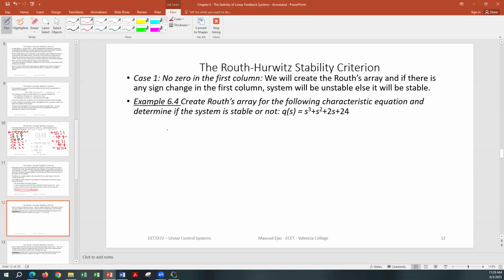But using the Routh's array, s cubed, s squared, s to the power 0, 1 and 2, 1 and 24. This is B n minus 1, n is 3, so B2 and B0, and then C2 and C0.